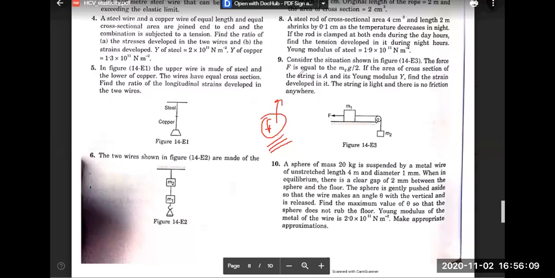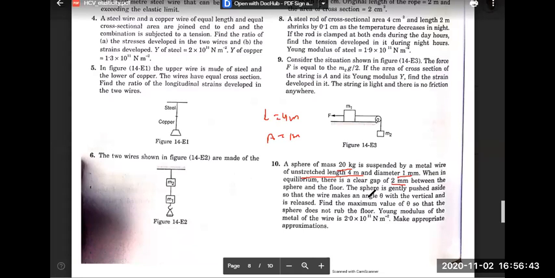Yes or no? Now, when we think about this problem: a sphere of mass 20 kg is suspended by a metal wire of unstretched length 4 meter. It is the original length. This is the area. So length is given, 4 meter. Area is given. Mass is given. Now, in equilibrium, there is a clear gap of 2 mm between the sphere and the floor.